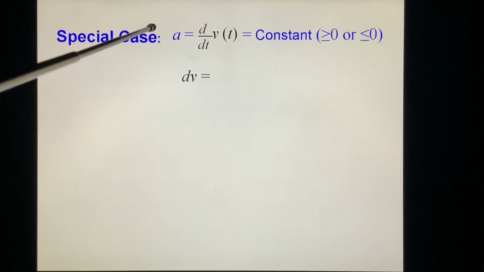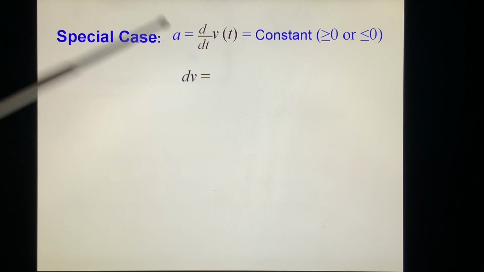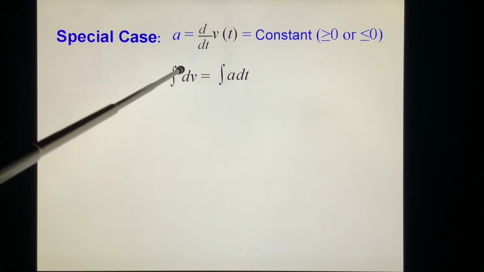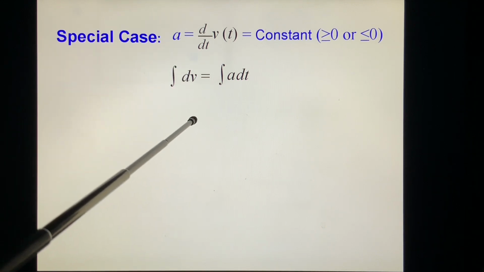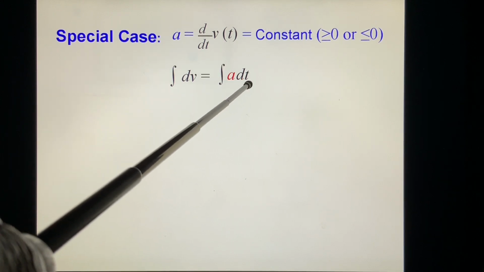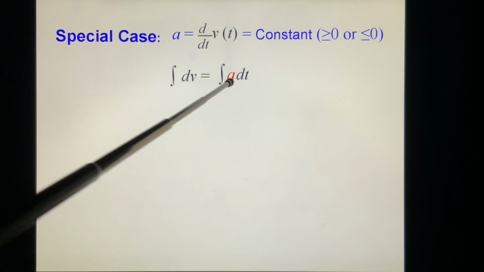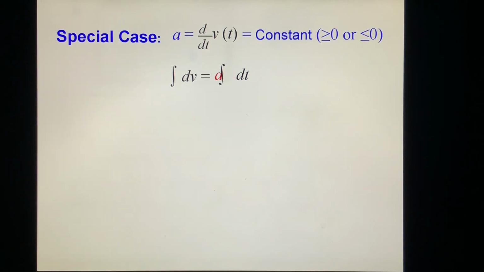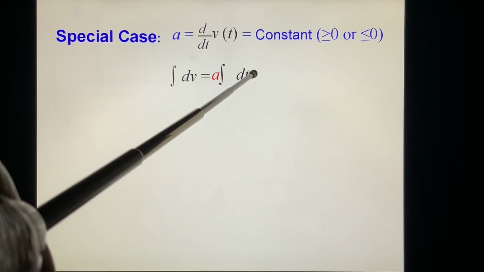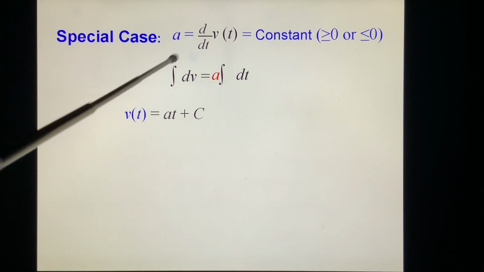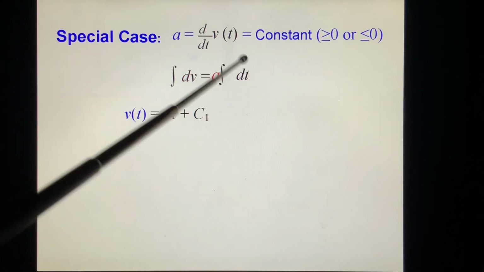dv equals a dt. We do the integration, and we find v. Integration and differentiation cancel out. v equals the integration of a dt. In this special case, a is a constant, so we take it out. Then the integration of dt is t, so we get at. v equals at plus a constant.